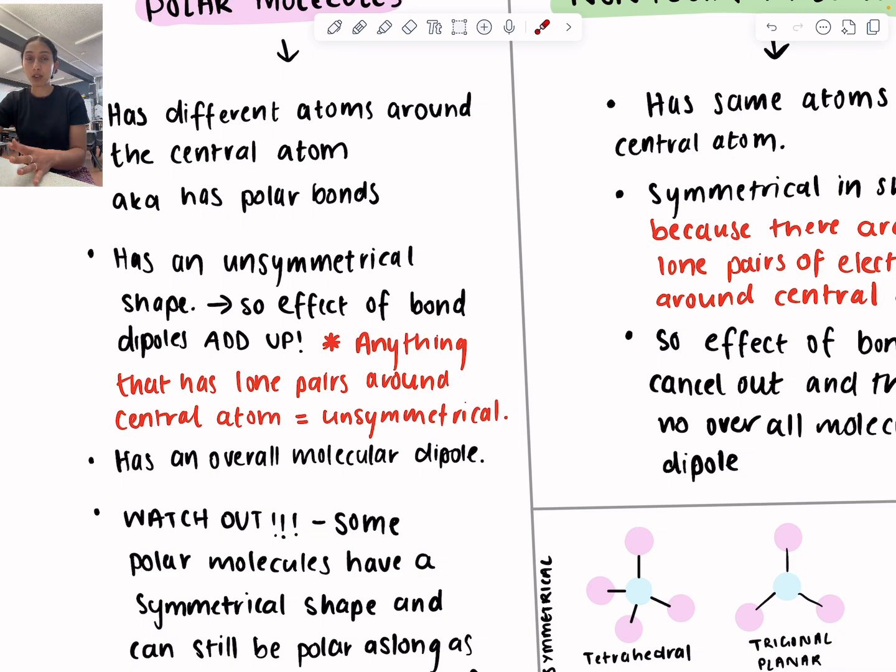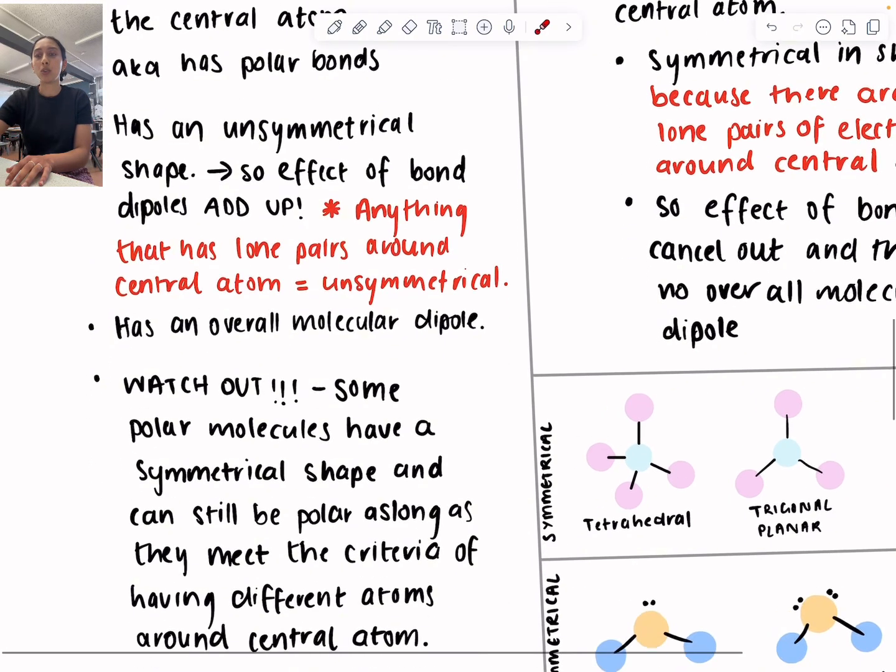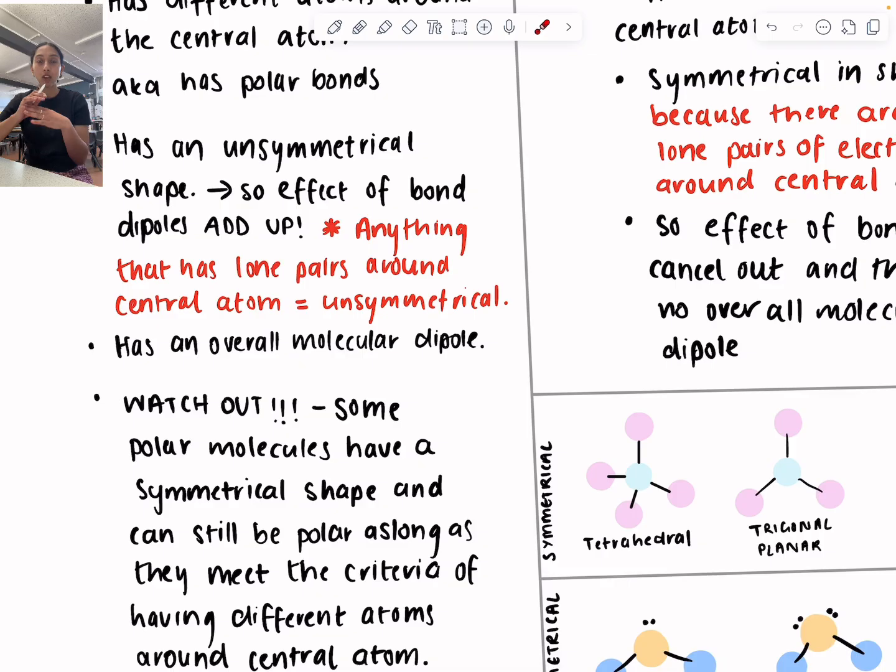And so if it's unsymmetrical in shape, this means that the polar bonds are essentially going to add up. Okay, they're not going to cancel each other out. They're going to add up to create an overall molecular dipole. And you're gonna understand this a lot more once you tackle some past exam questions.